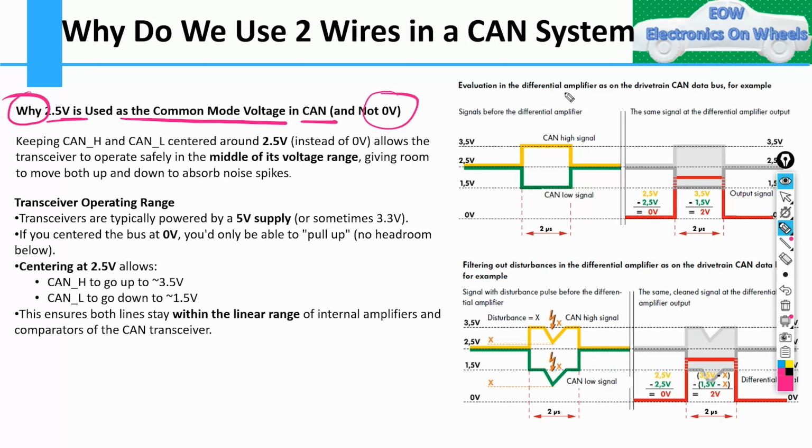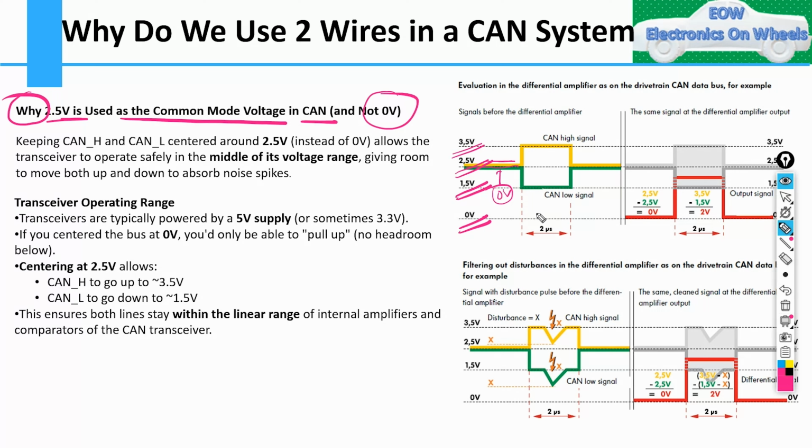We have seen how the transceiver calculates with the differential amplifier. But before the differential amplifier, what would be the condition? This is 0 volt, this is the 1.5 volt level, then the 2.5 level, and then the 3.5 level. When the CAN low signal is at 2.5 volt and the CAN high signal is at 2.5 volt, the difference would be 0 volt, which we have seen earlier.